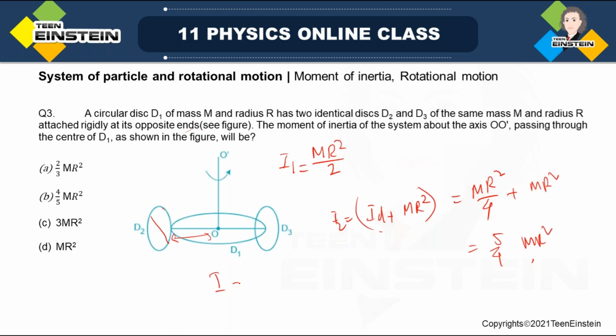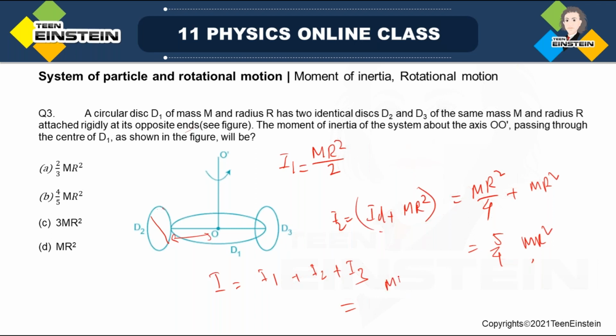So the total moment of inertia will be I1 plus I2 plus I3.